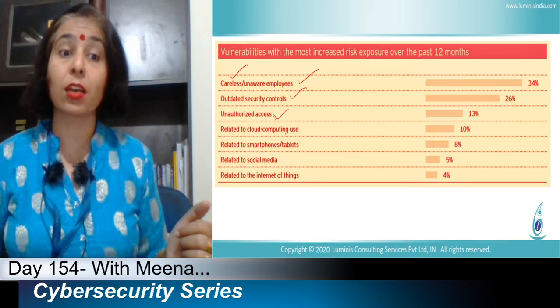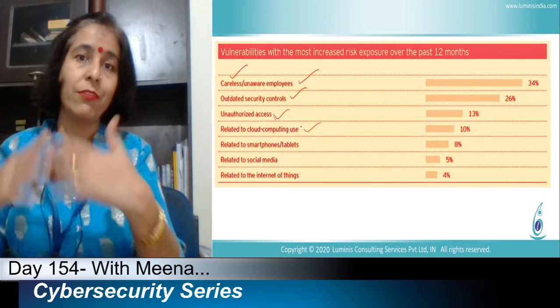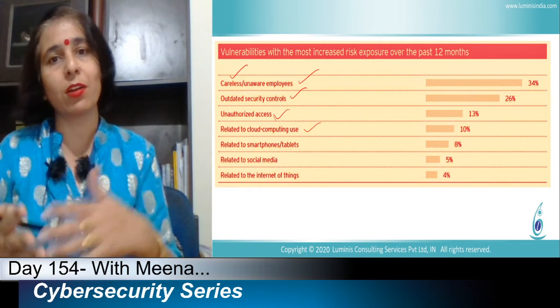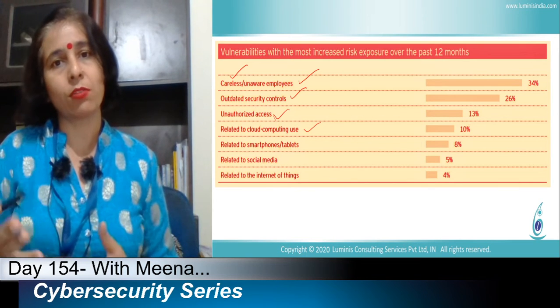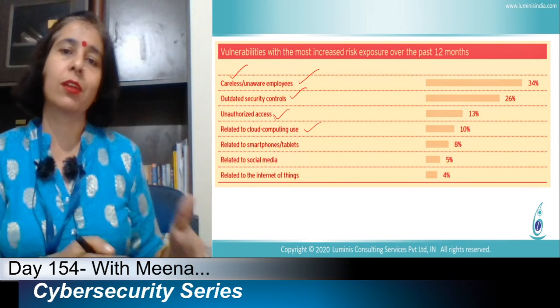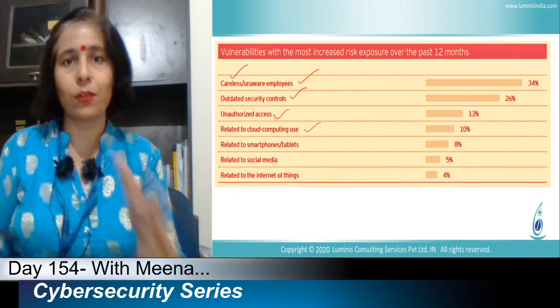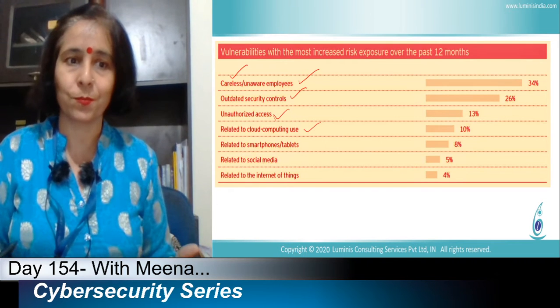Another thing is cloud computing use. We are leaving some kind of clue, or maybe we are using a common password to access the cloud, and hackers can find out the password for a particular account, change the security inside it, or steal the information or credentials.